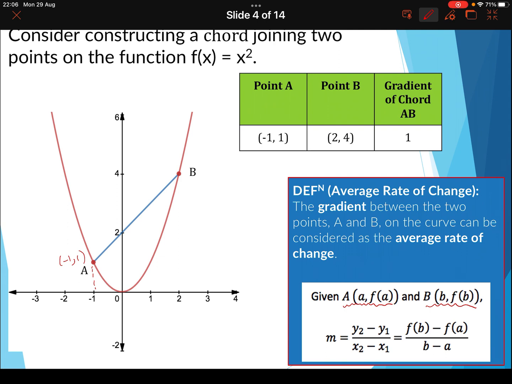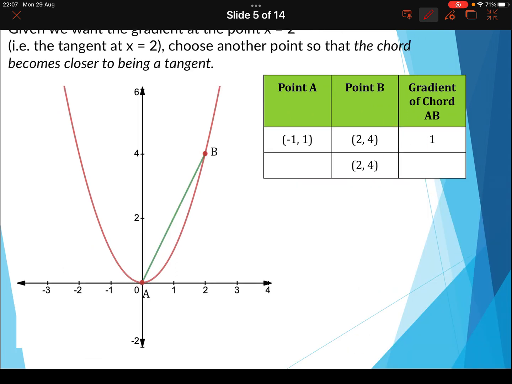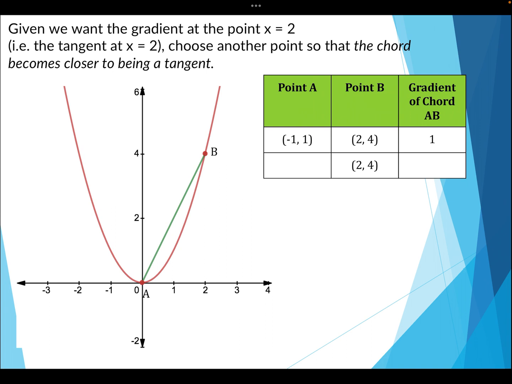So we can work out the gradient of chord AB, which is the average rate of change between A and B, which is 4 minus 1 divided by 2 minus 1, which is 3 over 3, equals 1. Now, the aim is to move A as close to B as possible, so that the chord becomes a tangent. Let's have a look.